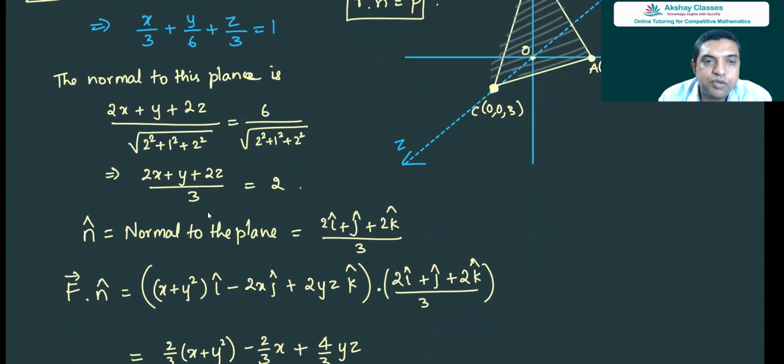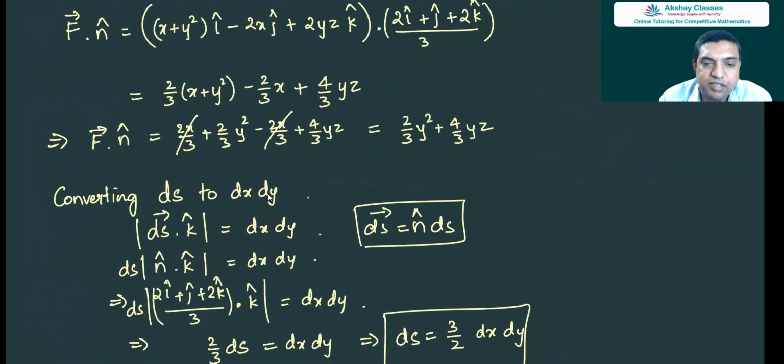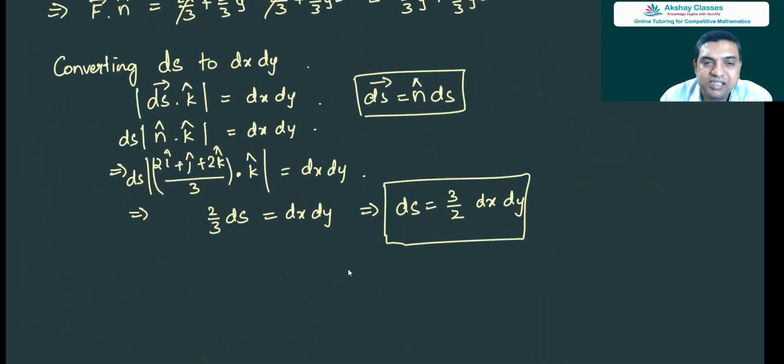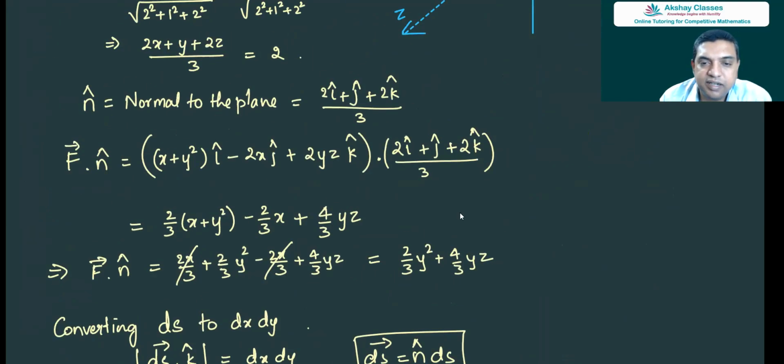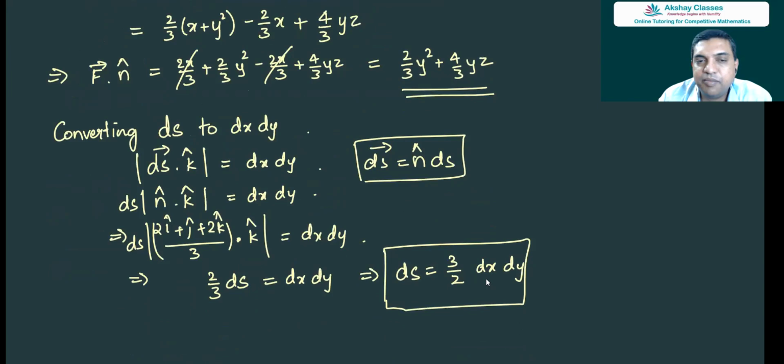So I have to do this integral F dot n ds. Let us proceed now. We did F dot n, we got this expression, and now ds we got as 3 by 2 dx dy.